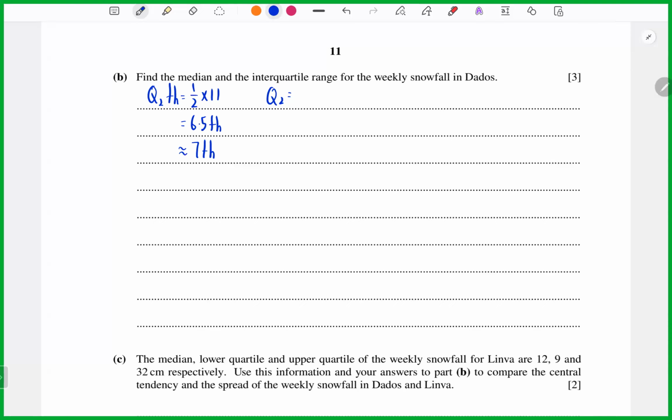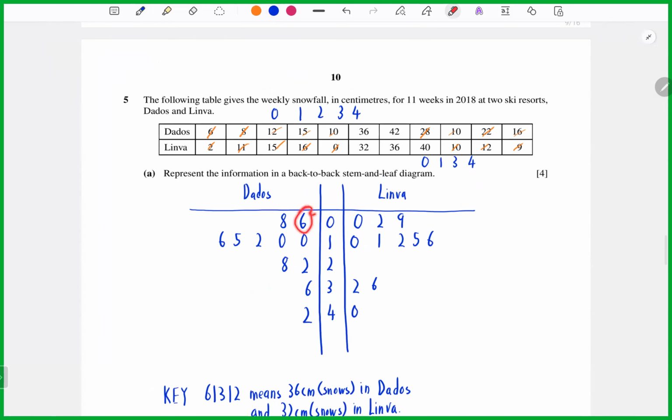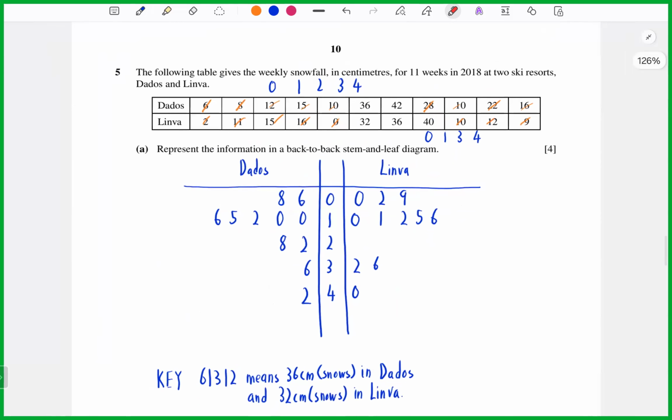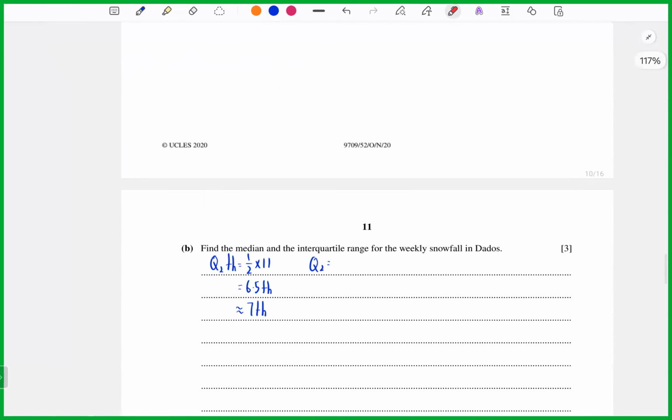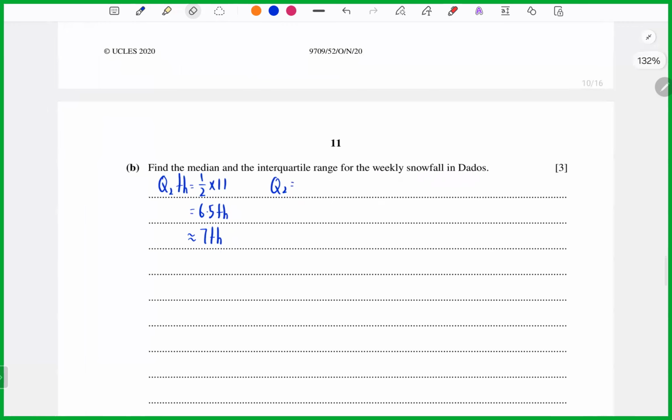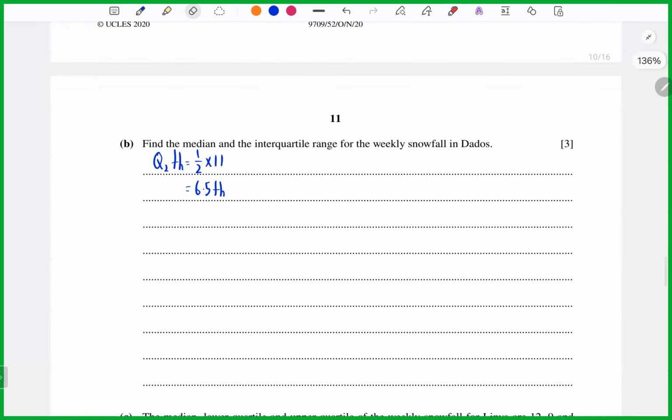We calculate. 1, 2, 3, 4, 5, 6, 7. There are 11 weeks, so 6.5, right? 1, 2, 3, 4, 5, 6.